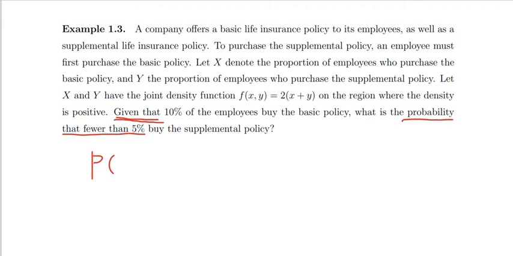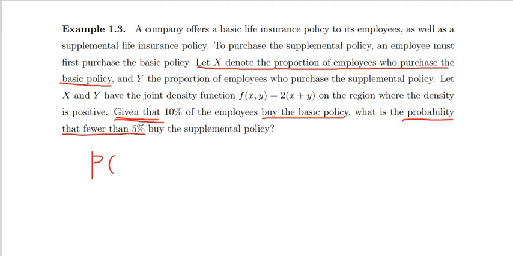This is for X or Y. 10% by the basic policy. So by basic policy, this is the percentage. Basic policy is X, right? So X is the percentage of people by basic policy.